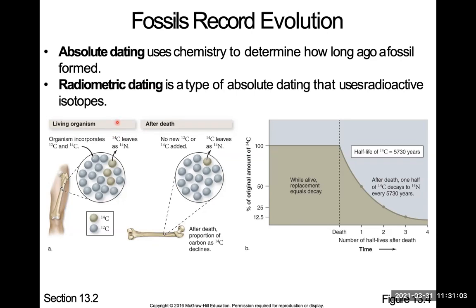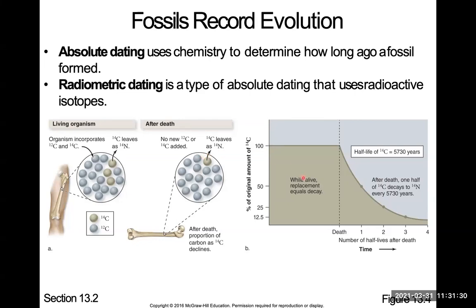A living organism is 100% carbon-14 because you're eating, you're replenishing that carbon-14. So there's carbon-12 and carbon-14. Right after you die, that carbon-14 starts to leave. It goes down because you're not eating now, you're not replenishing it. So carbon-14 starts to decay right after death.